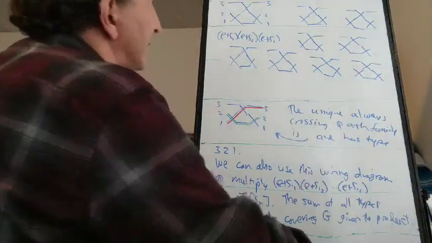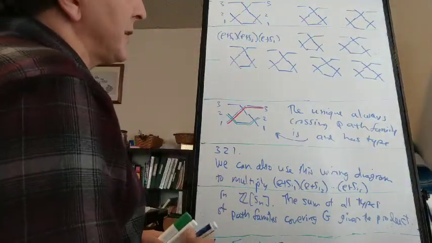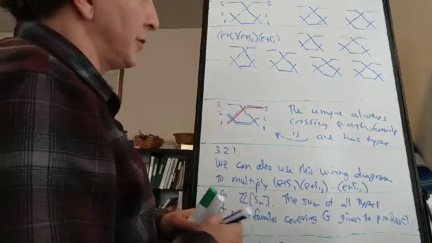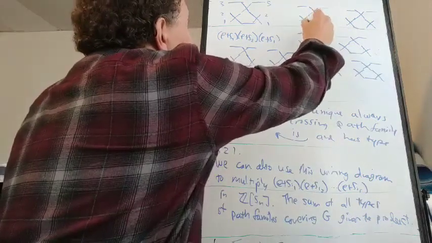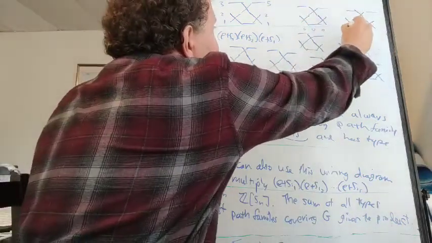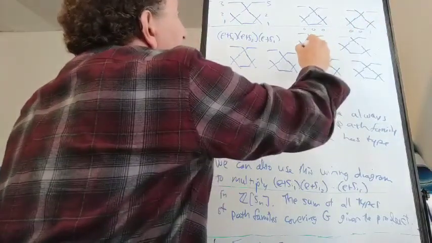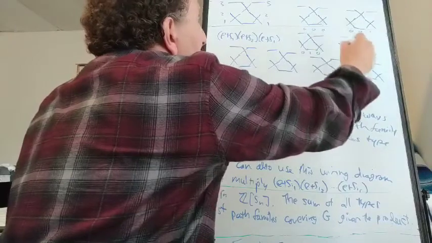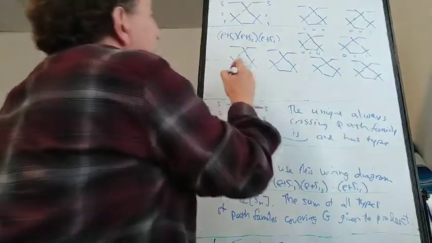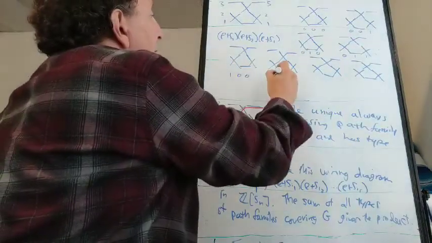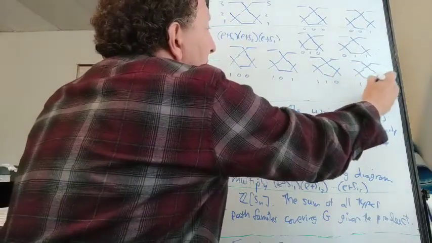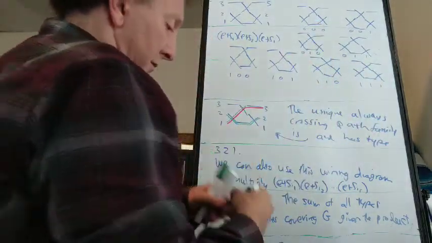Maybe let's consider the 8 possibilities as integers 0 through 7 written in binary: no cross, no cross, no cross; no cross, no cross, cross; no cross, cross, no cross; no cross, cross, cross; and then 4, 5, 6, 7.